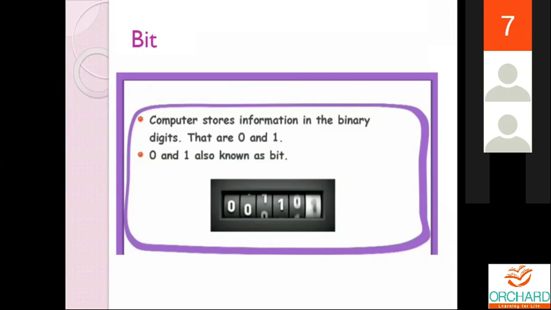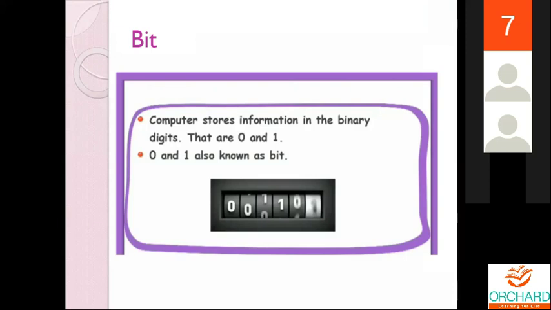In the computer memory, so many ICs are there, right? Each IC is capable of storing small electrical signals. The presence of charge is represented by 1, while the absence of charge is represented by 0.